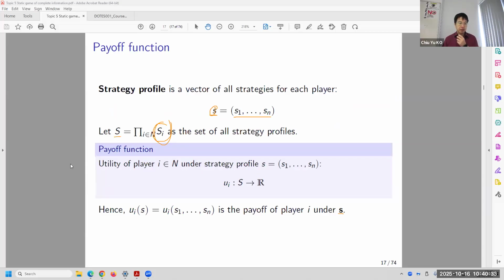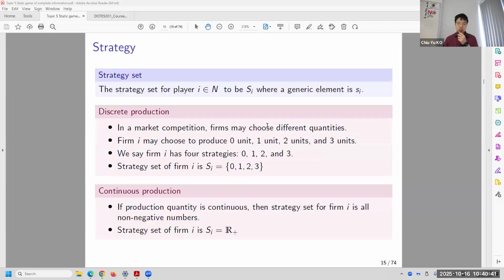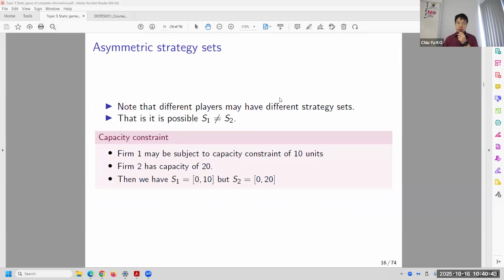So maybe it's easy to see in this way. In this example, S will be something like this if you write it formally. This is the formal one. S1 can be, say, 10, S2 can be like 20, right?